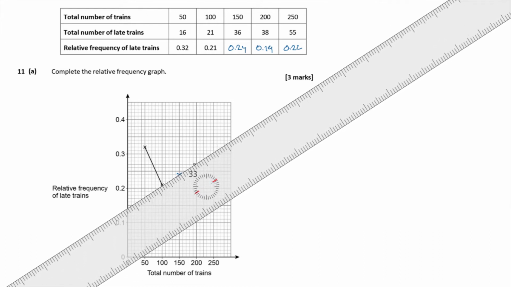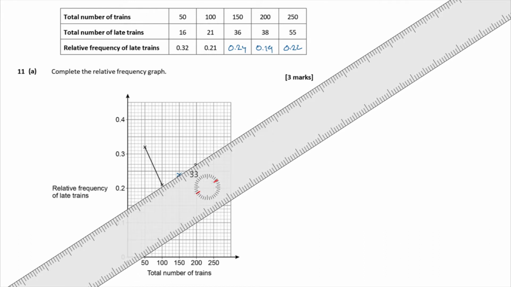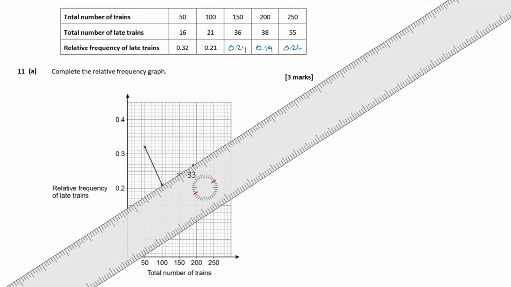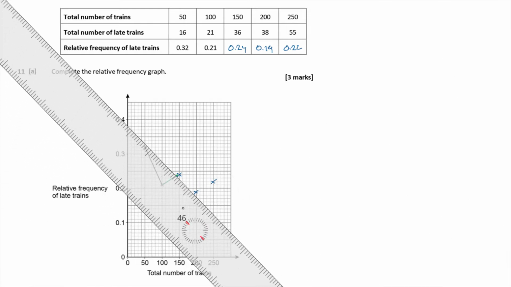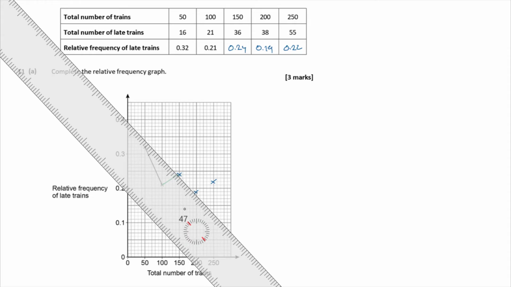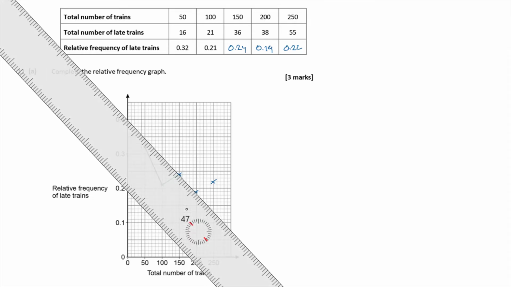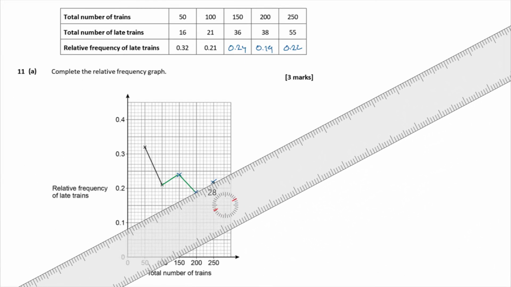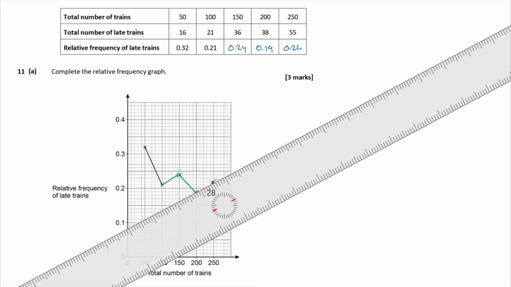Now with relative frequency, your accuracy is going to improve as you increase the number of trials. So you do get this kind of jumping around as you add more and more trials. Now what should happen is that your relative frequency gets closer and closer to the true value, the true probability of that event occurring.